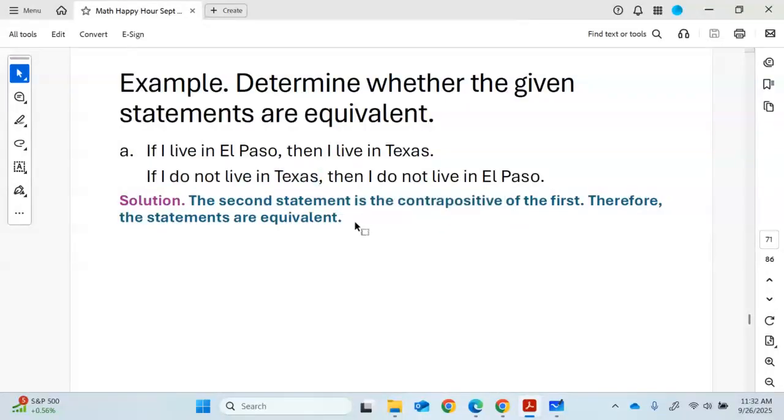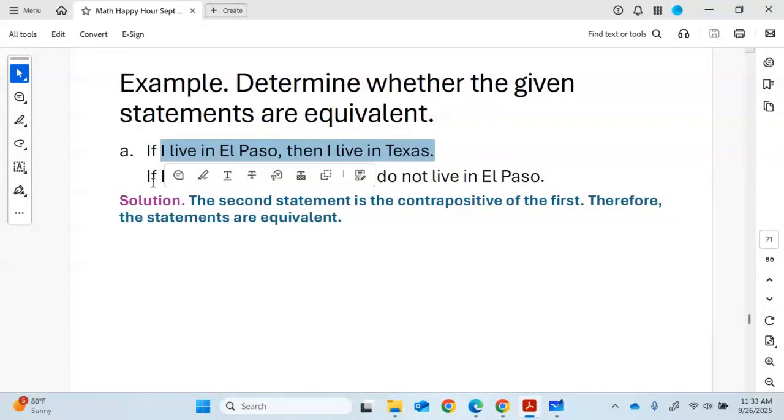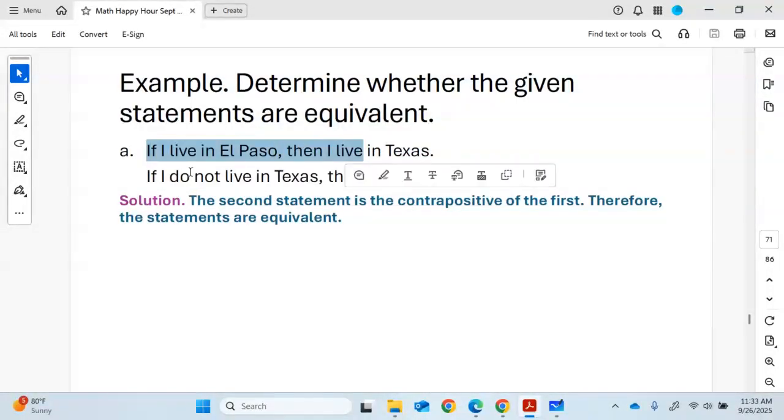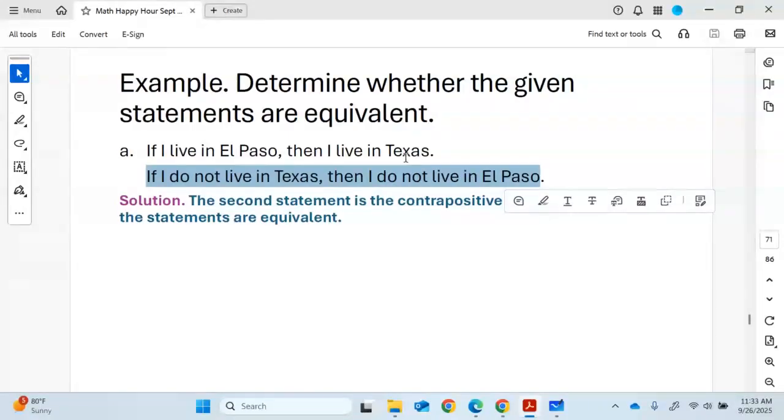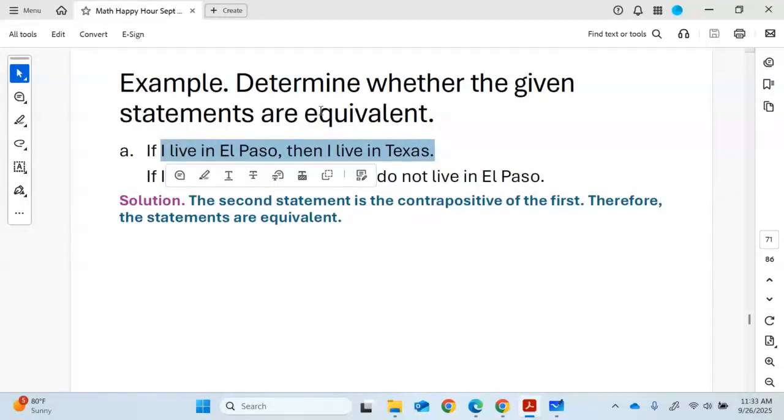I do not live in Texas. So that's when you do both. When you interchange the order and also negate them, that's called the contrapositive. And we just saw before that the contrapositive is equivalent to the original statement. So one could say the second statement is the contrapositive of the original. So this means that the statements are equivalent.